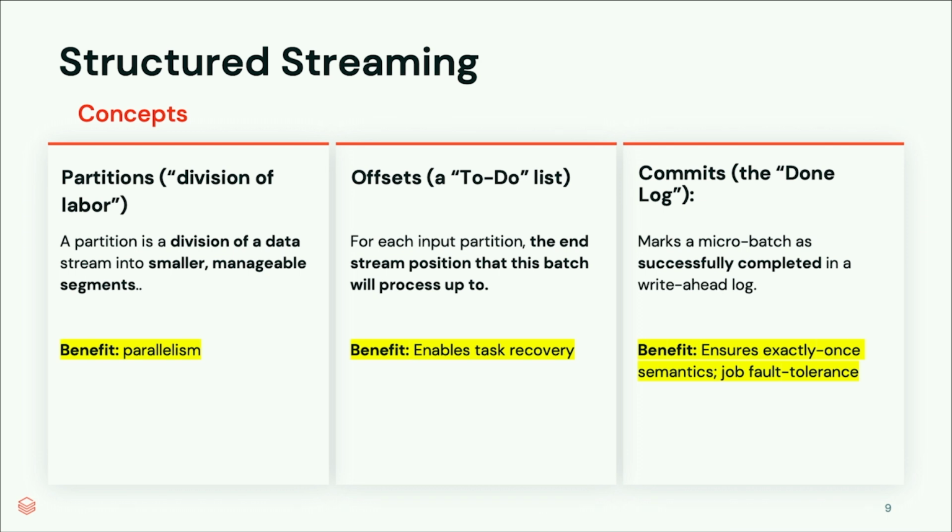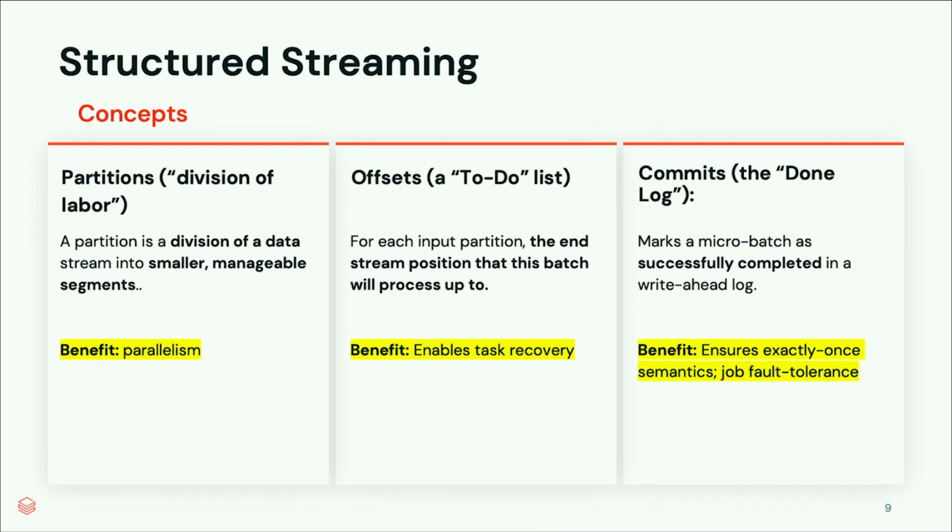In the rest of this talk, neither of these partition concepts are what we're going to talk about. There's this other partition concept, spark.sql.shuffle.partitions. Does everybody know that configuration? If not, it's a good one to become familiar with.